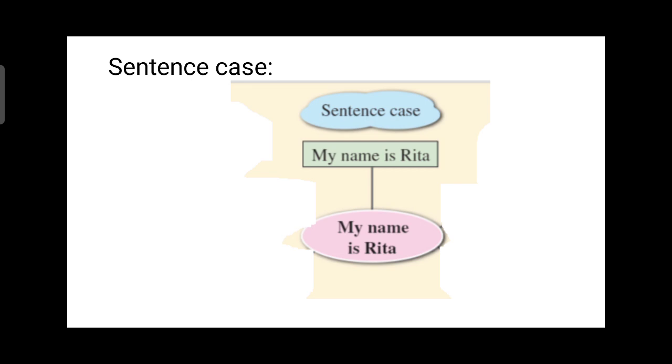This is the sentence. When you select it, click on the change case option and click on sentence case. You will get the first word, my, in capital letter. So in sentence case you get only the first letter in uppercase.